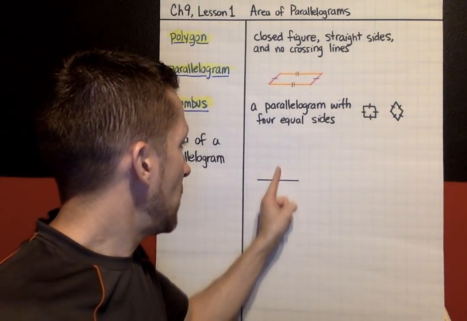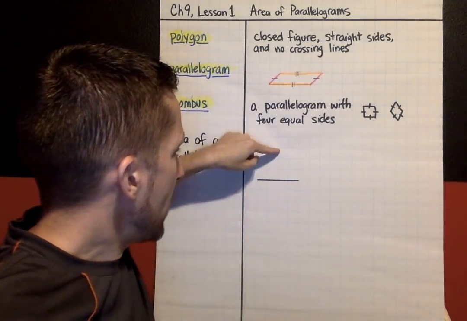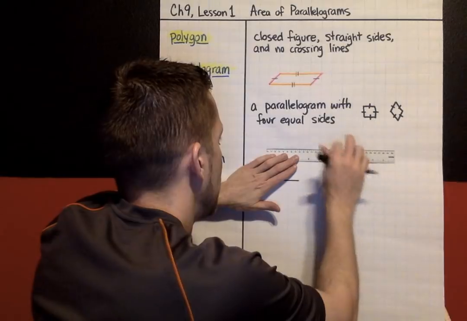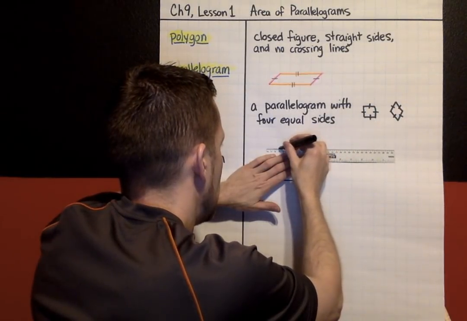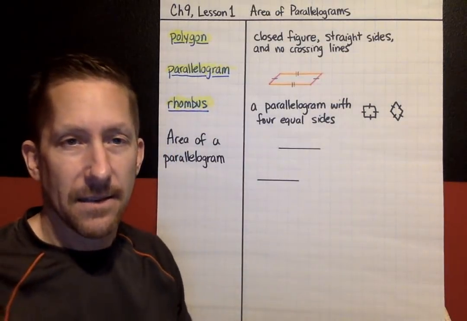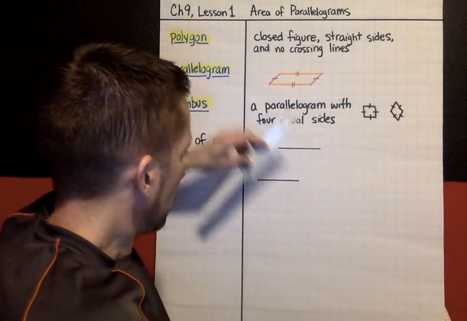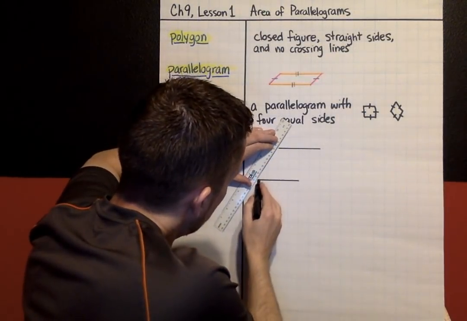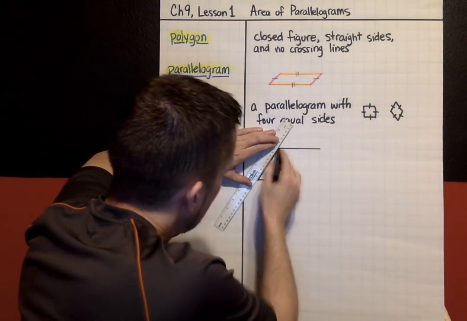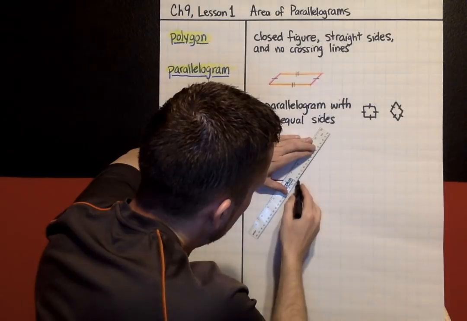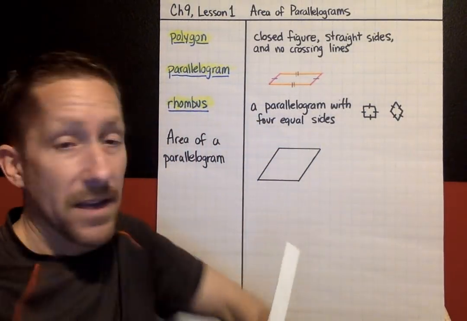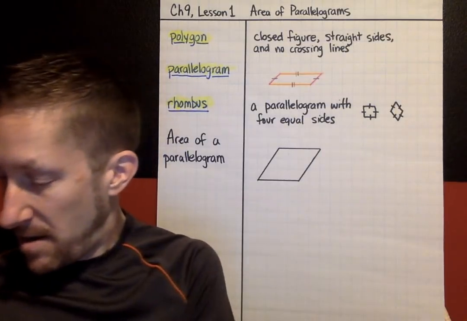So over 2, up 3, and right there at that point, I'm going to make another line that's 4 boxes long, like that. Okay? Then I'm going to connect these corners. Using my ruler, I'm going to connect like that. And now we've got ourselves a parallelogram.